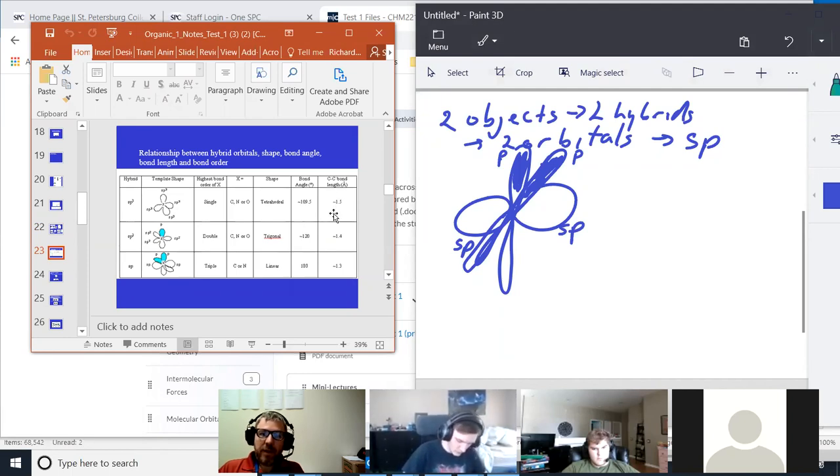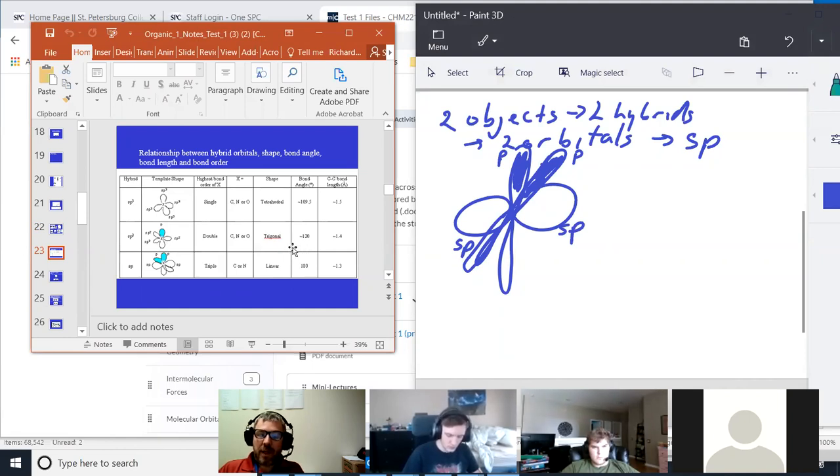The bond length here is going to be about 1.5 angstroms. An angstrom is 10 to the negative 10 meters. That's pretty small, but it's more for the sake of comparison, you can see this. If you look at sp2, we're usually talking about double bonded elements here. X can be C, N, or O. The shape is called trigonal, and the angle between the sp2 hybrids is going to be 120 degrees.